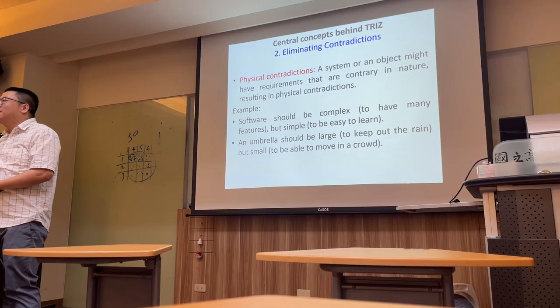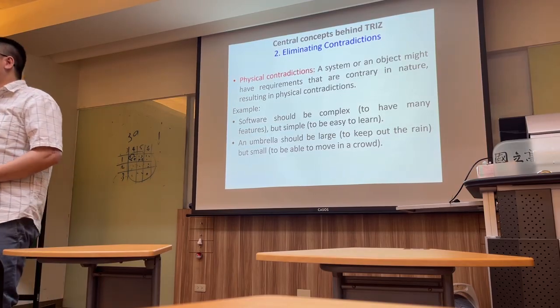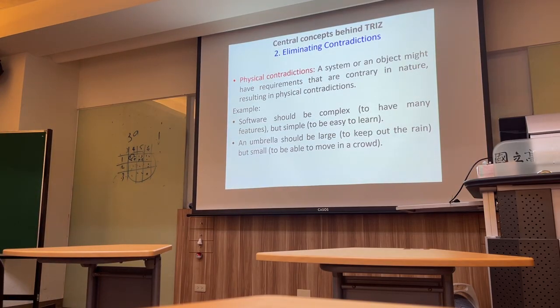In general, because we are humans, we always expect and require perfect things, and this may have some conflicts in nature. So for example, you don't want to do many assignments, but at the same time you want to get a high score.